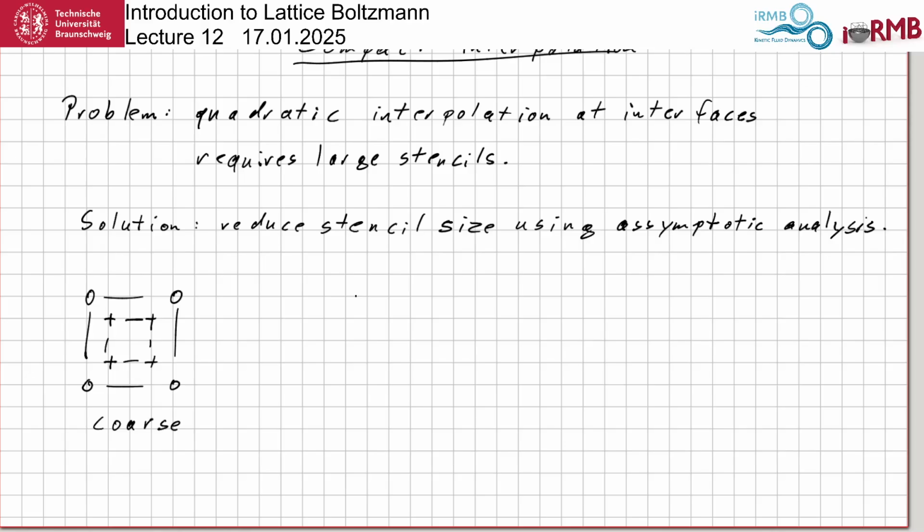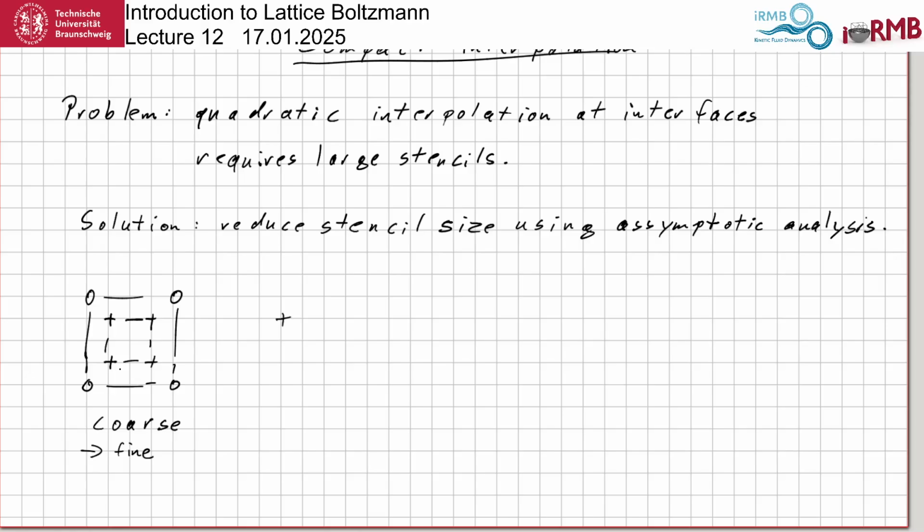When I talk about cells, I usually mean, other than other lattice Boltzmann people, the nodes being at the corners, not in the center. It goes from the coarse to the fine grid. So what we want to do in 2 dimensions is to use these 4 nodes of the coarse grid in order to recover these 4 nodes in the fine grid.